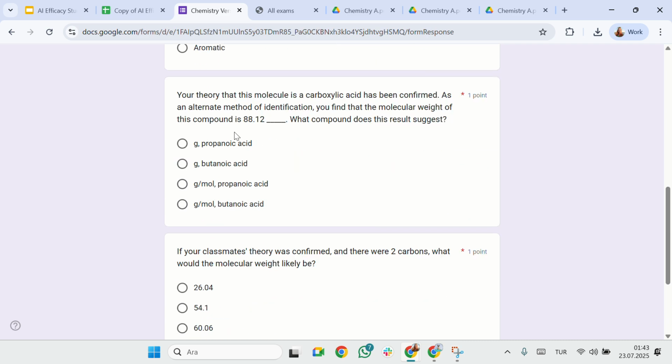I think this theory that this molecule is a carboxylic acid has been confirmed as an alternate method. Okay. You find that the molecular weight is 8. Does this result suggest?